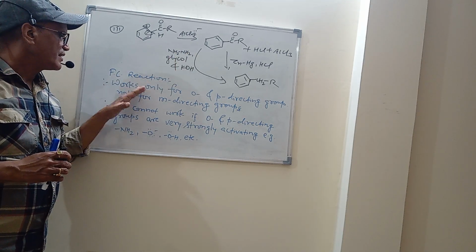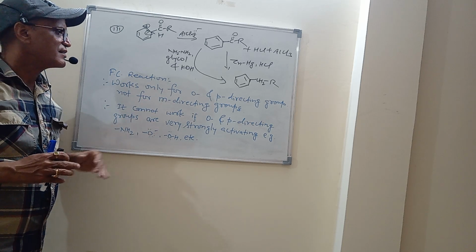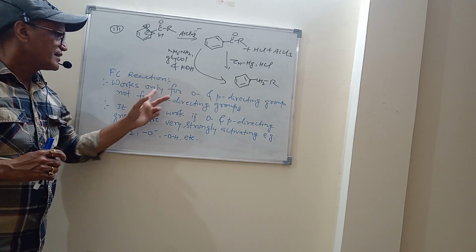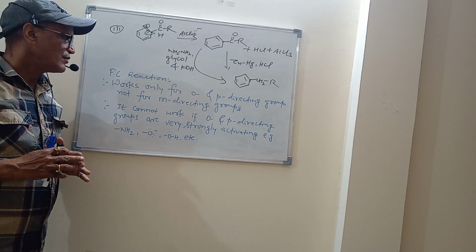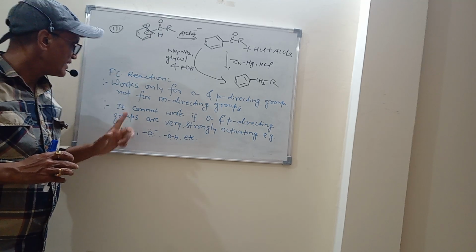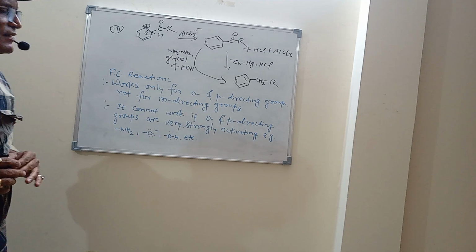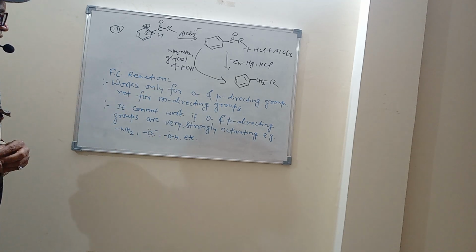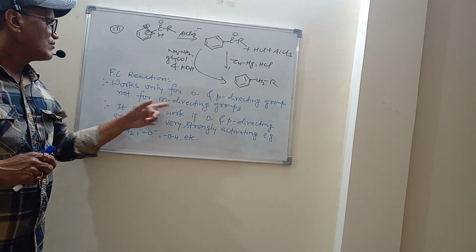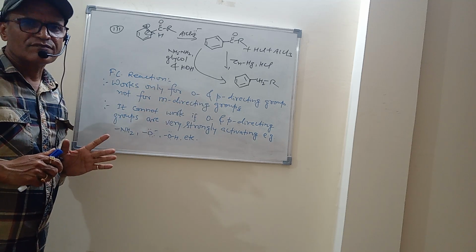So Friedel-Crafts reaction has these certain limitations, that is, it can be applicable only for ortho and para-directing groups, and even in that case, if very strongly activating groups like this are there, then it is not applicable, and it will not work for meta-directing groups.